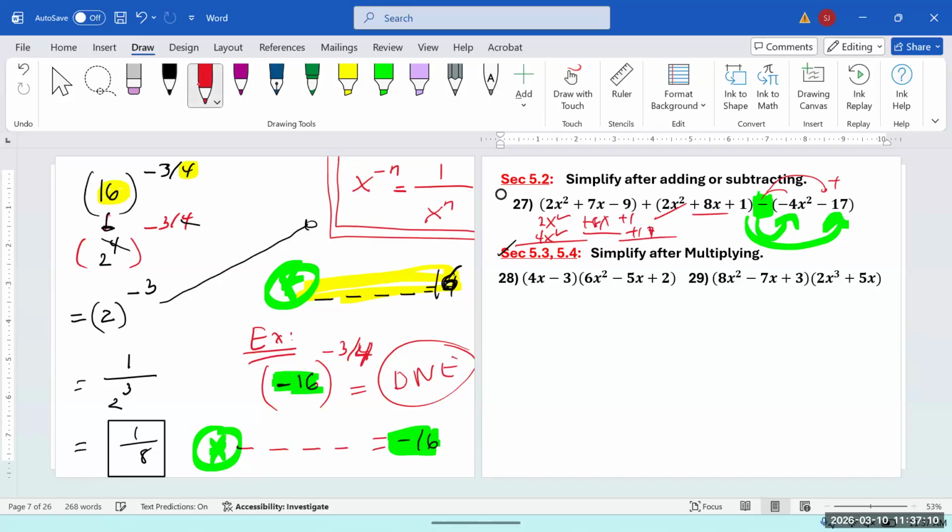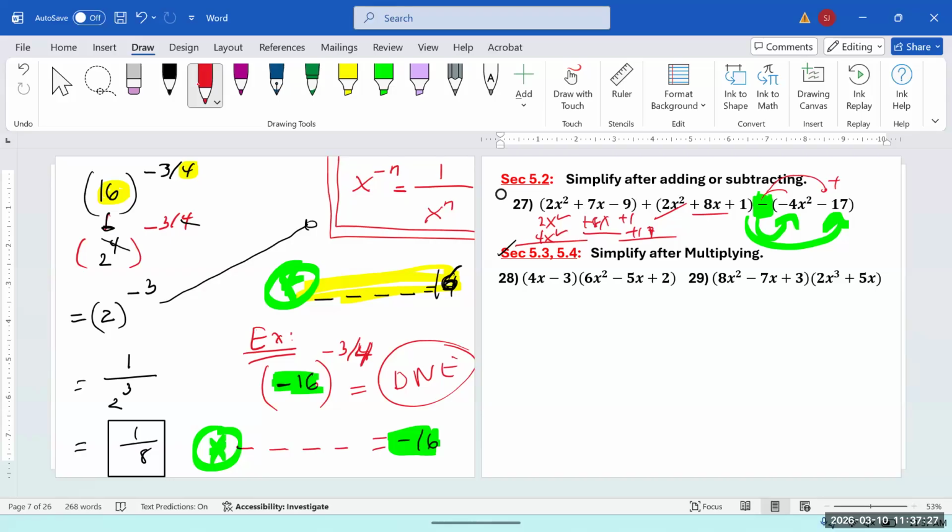So do the math, write them down, and then you have your final answer. Instead of going horizontally, if you write them vertically, you make fewer mistakes. But it's up to you, whatever is easier for you.